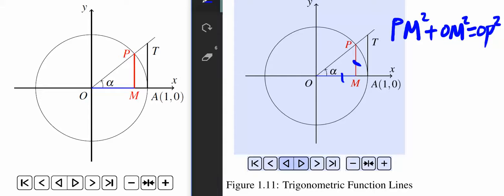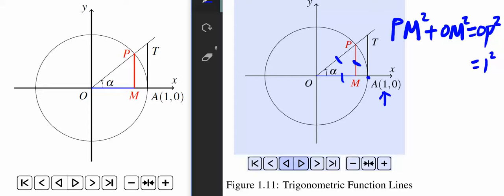We also know this is a unit circle, so the radius OA, you see the x coordinate of A is 1. So that tells us OP is 1, that will be 1 squared.